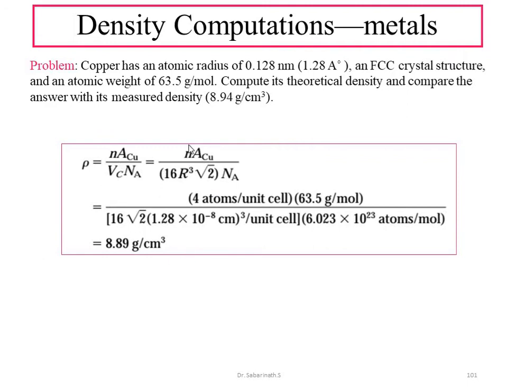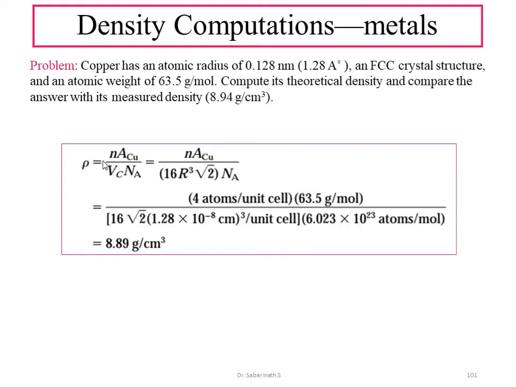In this equation we will substitute n as 4 atoms. We know that for FCC structures, there are 4 atoms per unit cell, and the atomic weight is 63.5 gram per mole.